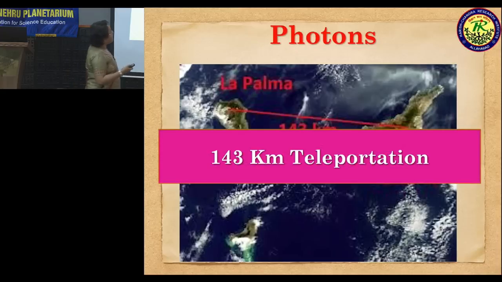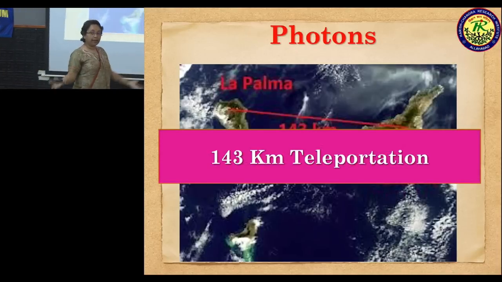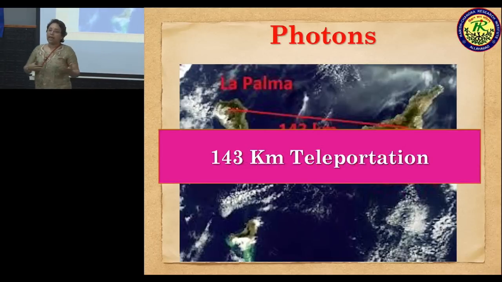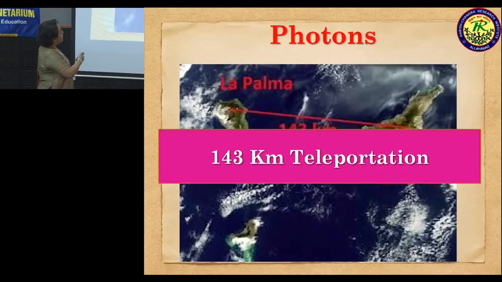That means in teleportation they have to first create an entangled state and then perform teleportation. So they can create an entangled state between two islands which are 143 kilometers away.